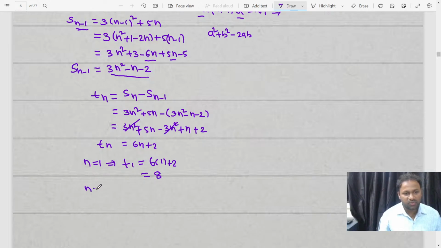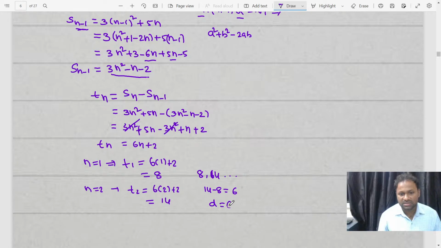For n is equal to 2, we get T2 is equal to 6 into 2 plus 2, 12 plus 2 will be 14. So the sequence will be 8, 14 and so on. 14 minus 8, how much? 6 will be the common difference, D is equal to 6.